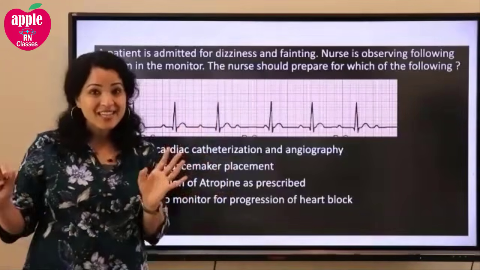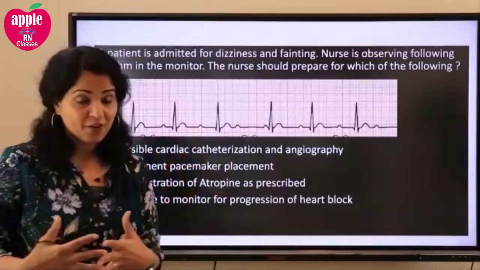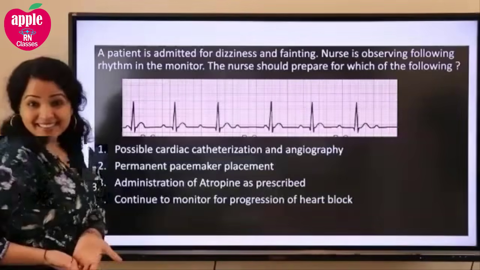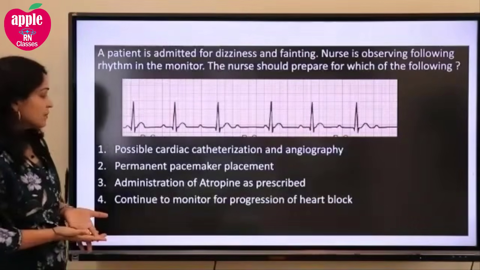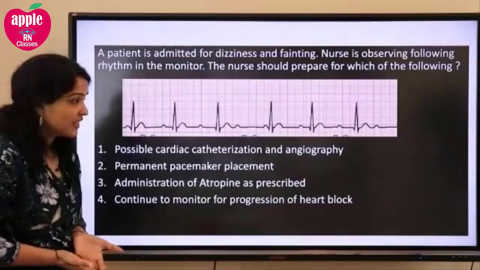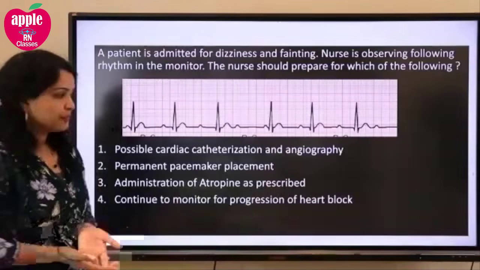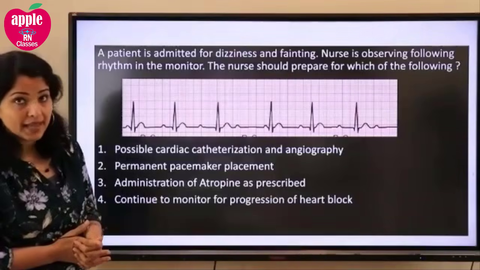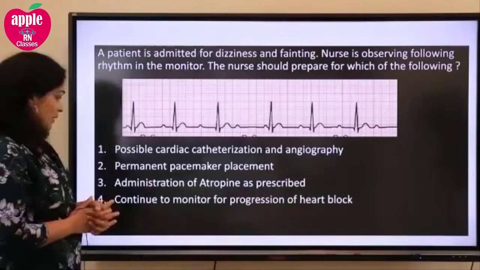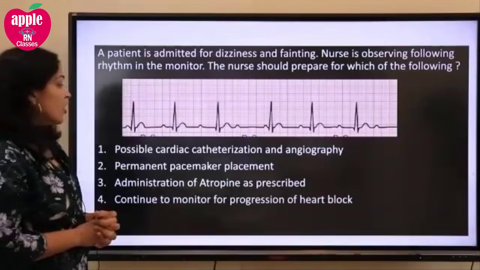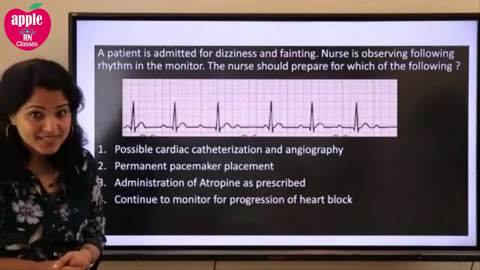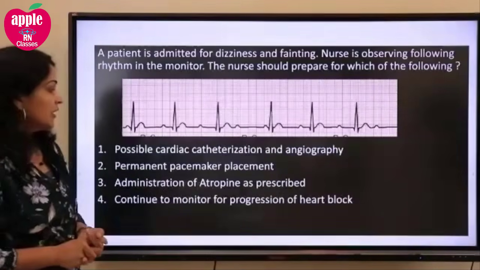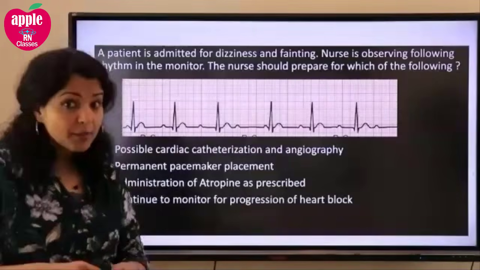What should we be getting ready for? Number 1, possible cardiac catheterization and angiography. Number 2, permanent pacemaker placement. Number 3, administration of atropine as prescribed. Number 4, continue to monitor for the progression of heart block.